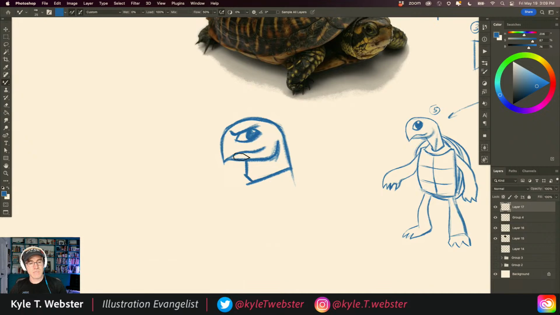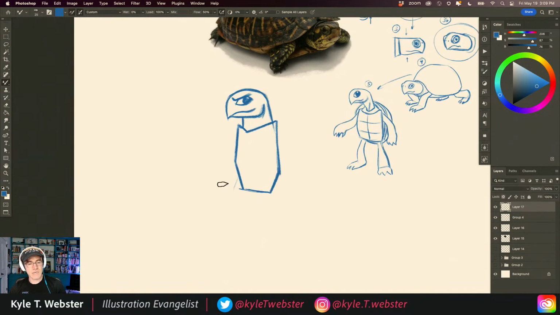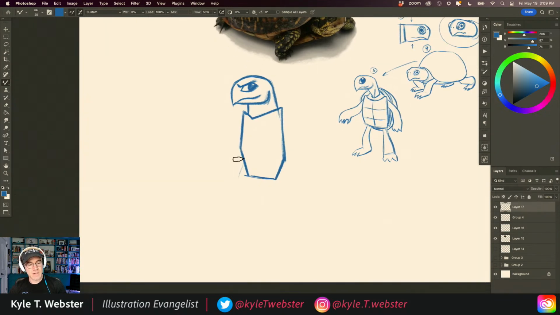We don't need it. Let's keep simplifying, keep knocking things back we don't need. Go straight down, we'll go up here, and we'll come straight down from there. We'll break that here. And that's going to give me more room to have those legs come out. Okay, I'm gonna make the legs a bit beefier, add a bit more shape.